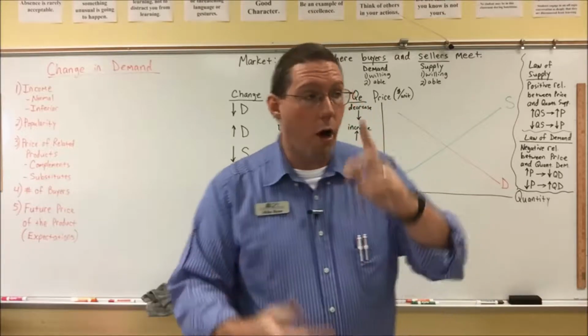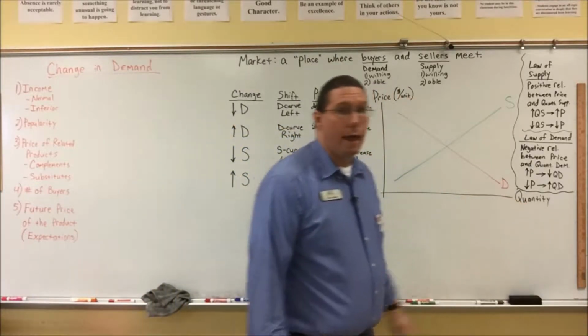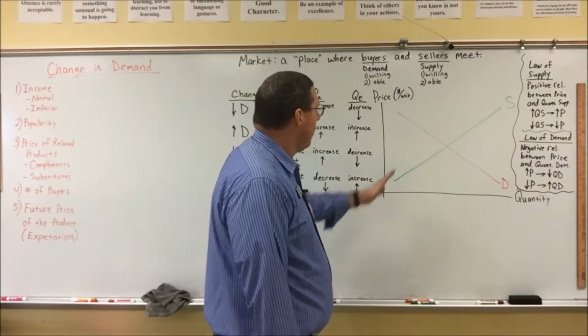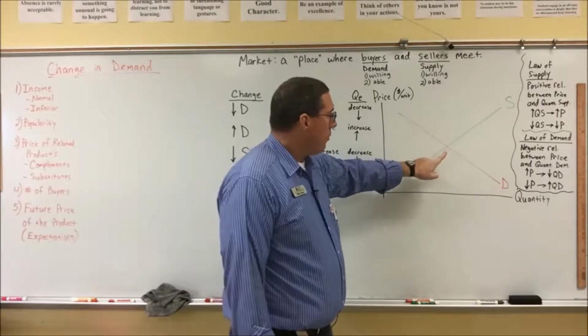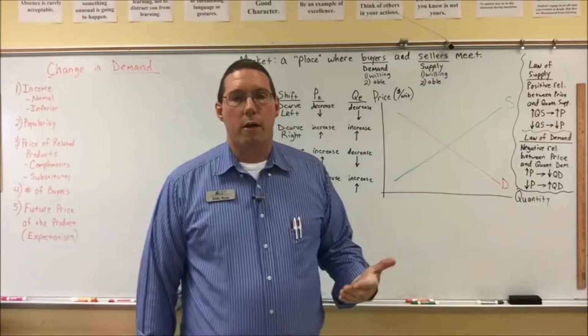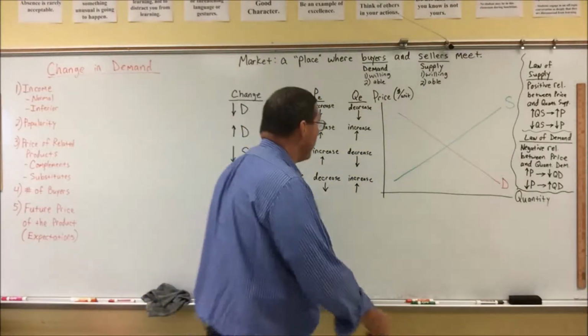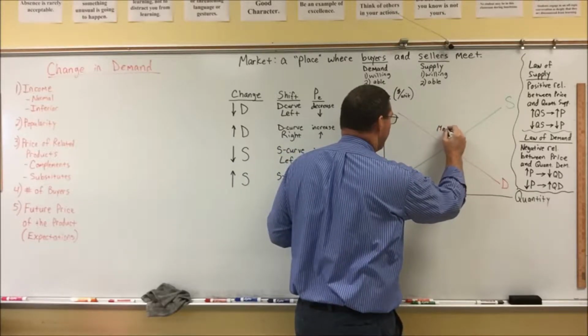They agree on a price and they agree on a quantity. And what we learned is that the price that they agree on and the quantity that they agree on is called market equilibrium. Okay, so we wind up with, right there, market equilibrium.